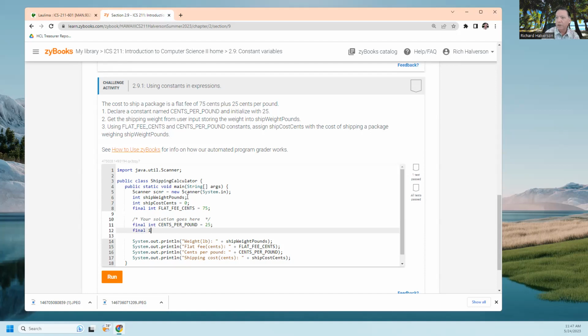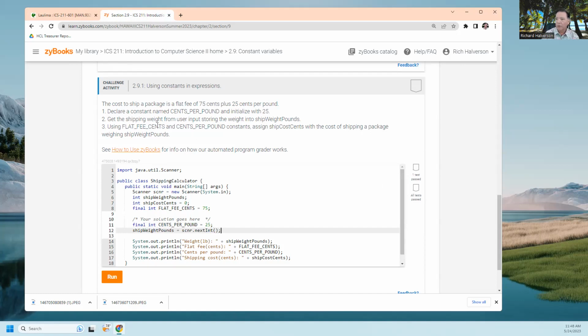Get the shipping weight from the user, which is that equals scnr dot next int.